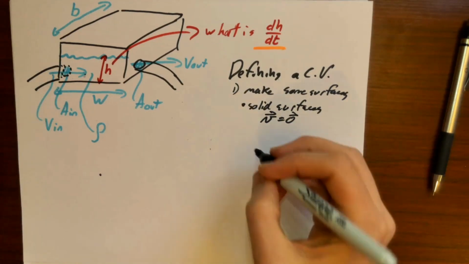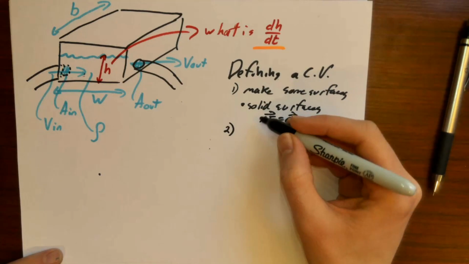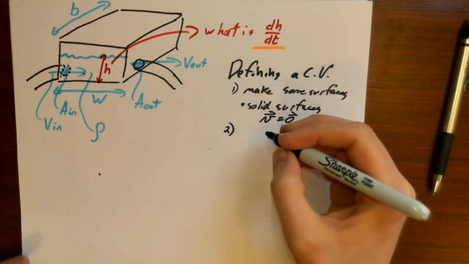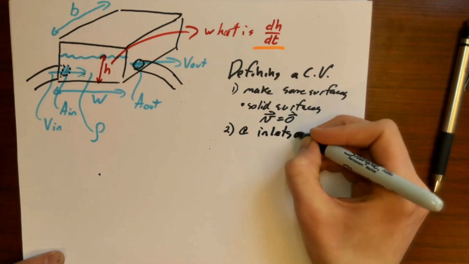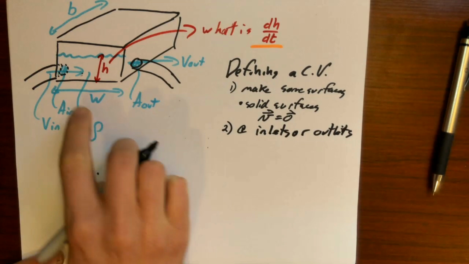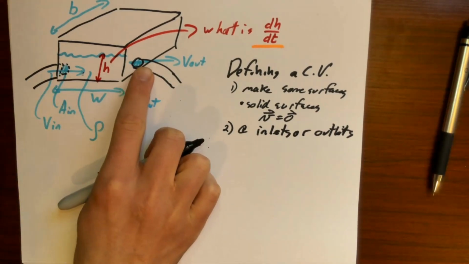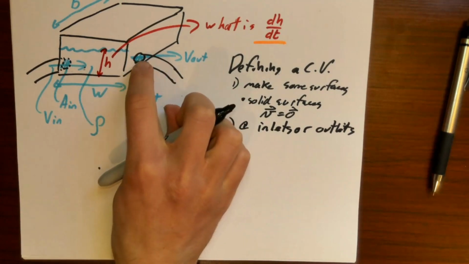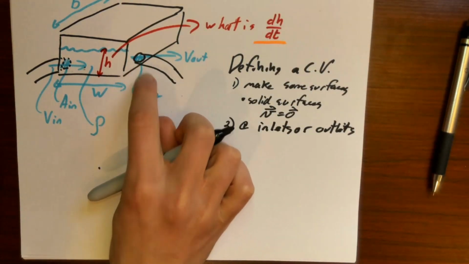So we have a lot of information about solid surfaces. Another good thing is to define some of our surfaces to be at inlets or outlets. In this case, we have information about these inlets and outlets. For some problems, you might not have information about them, but if you're looking for information about these inlets and outlets, then that will help you.